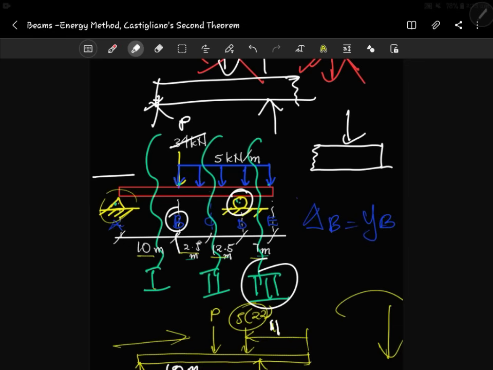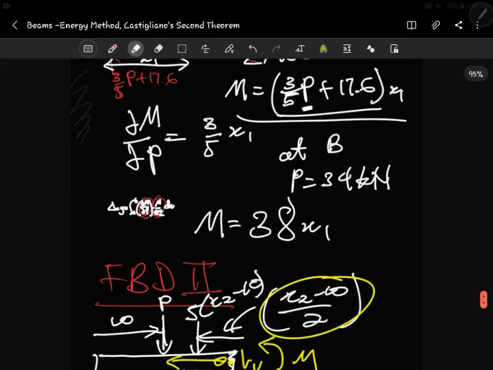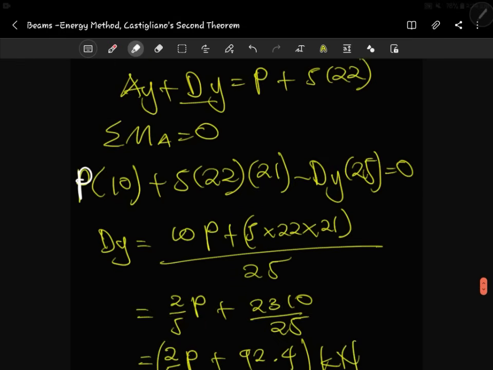So the x here will be between 10 and 25, and this is y.